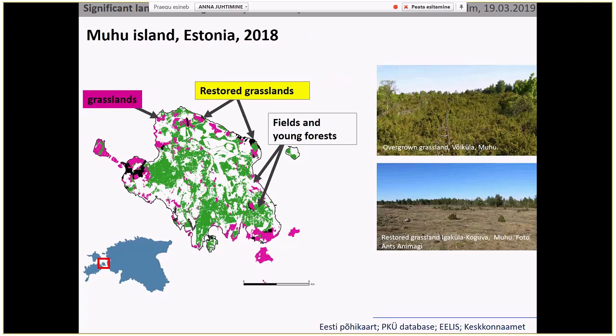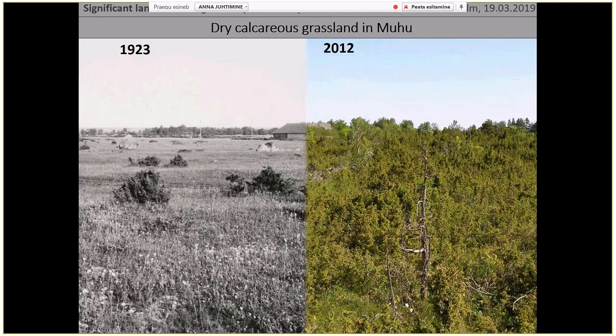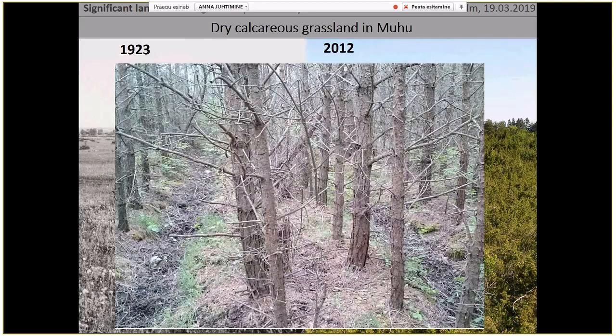This is one landscape picture of how historical and current alvar grasslands, or these calcareous grasslands that are characteristic of the region, looked 100 years ago and nowadays. Sometimes they also look something like this, which is the result of Soviet-time afforestation of these grasslands.